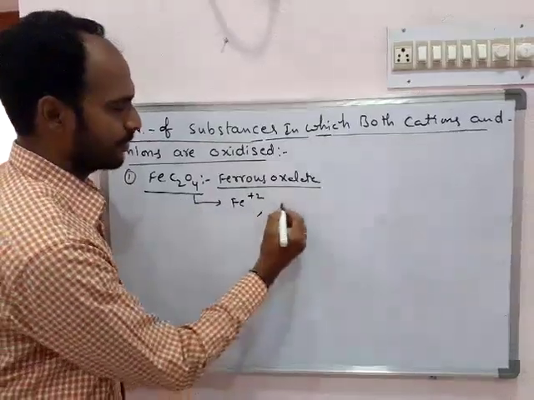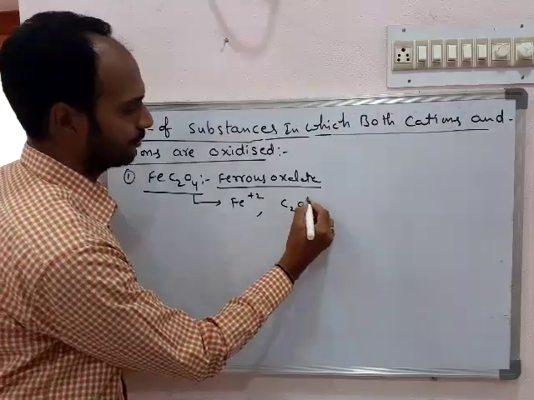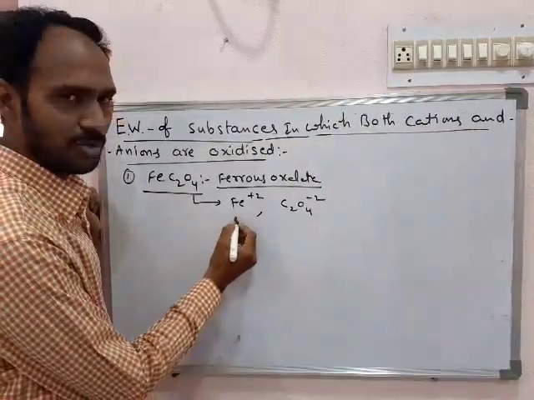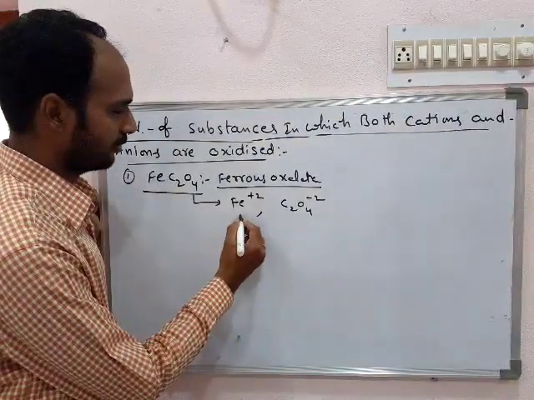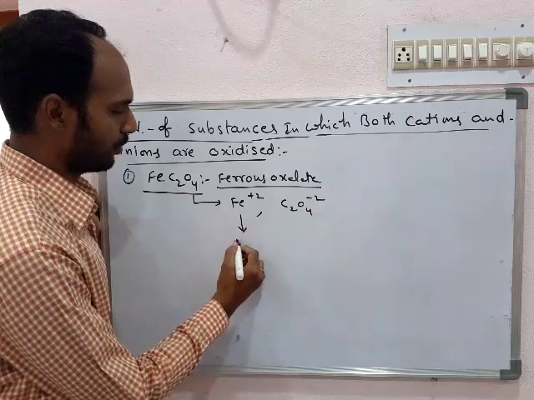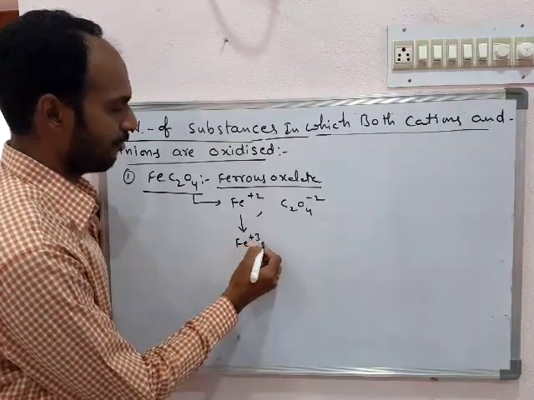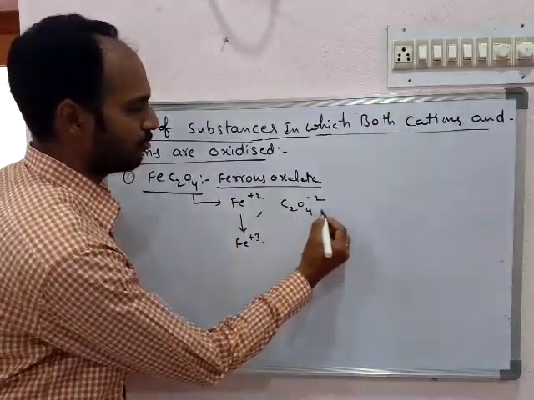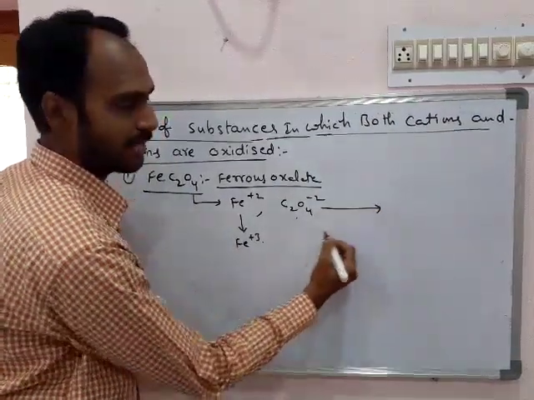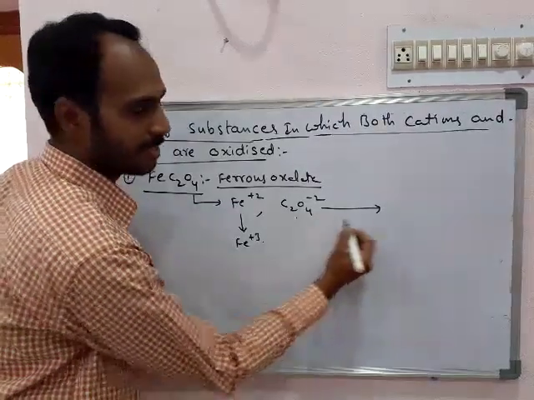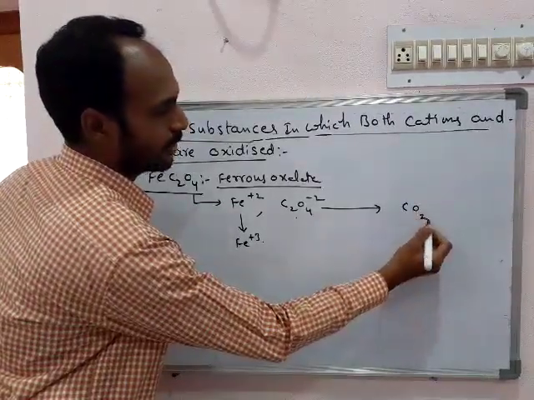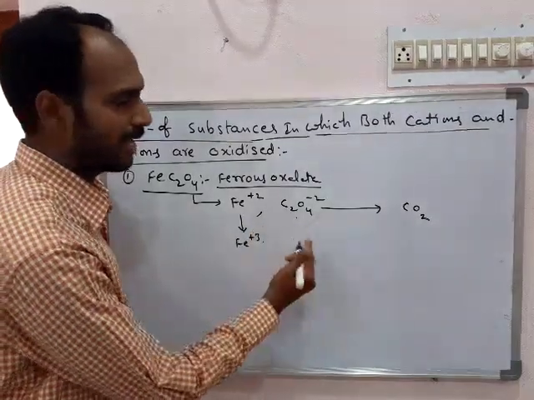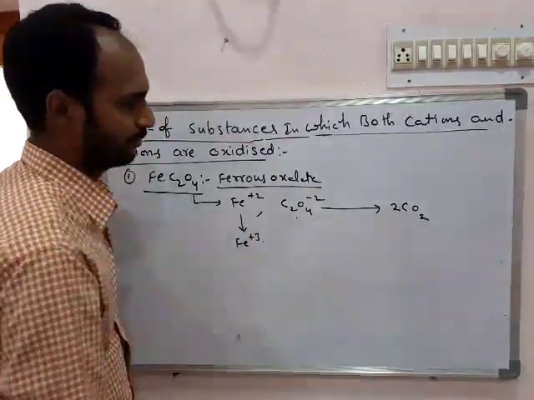Ferrous, and we know the oxalate, C2O4 2-. Here there is a chance of the ferrous ion being converted into ferric ion, and there is also a possibility of conversion of this oxalate ion, C2O4 2-, into CO2. Here two carbons are there, so for balancing we must put 2 here.